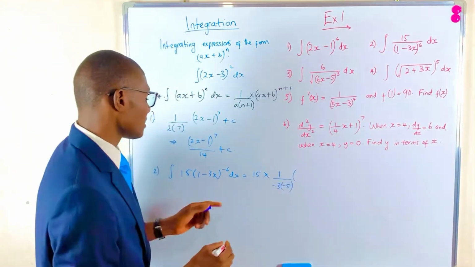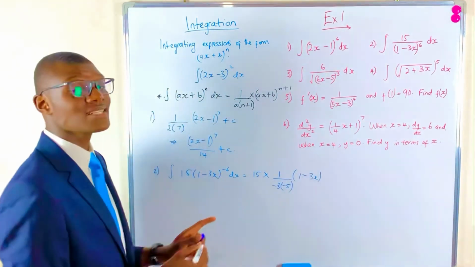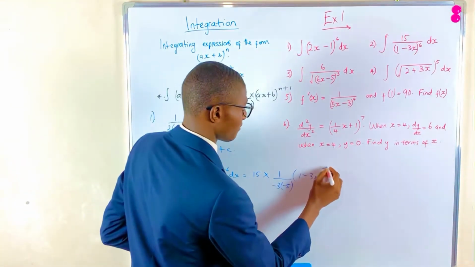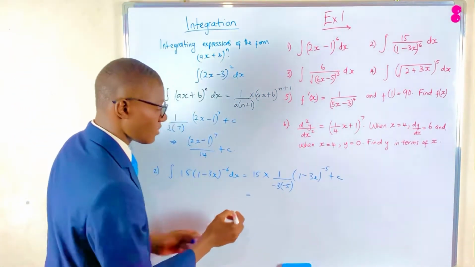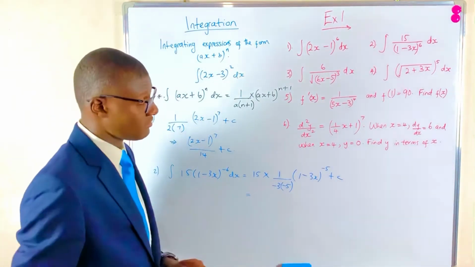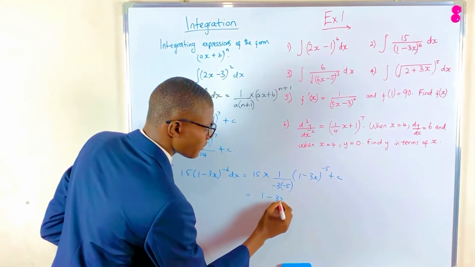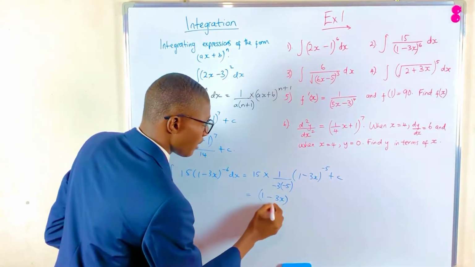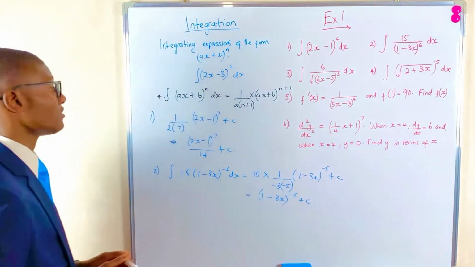Then this times (1 - 3x) raised to the power of minus 5, plus the constant of integration c. And this will give us 15 over (-3 times -5), plus 15. 15 and 15 cancel. We get (1 - 3x)^-5 plus c, constant of integration.